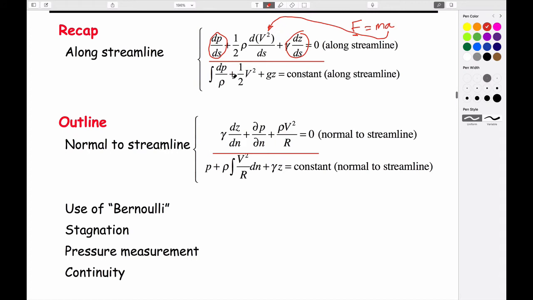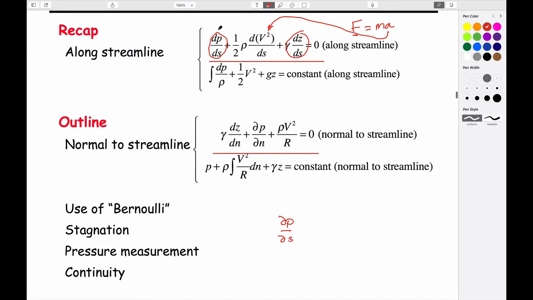So I'm going to take these two expressions, and I'm just going to write them down below, but I'm going to reorder them so that they're written first as change in pressure with distance along a streamline.